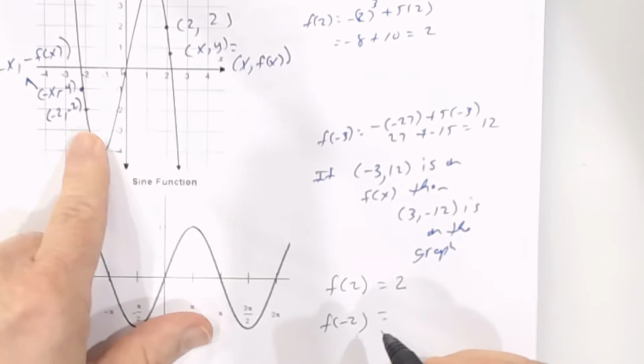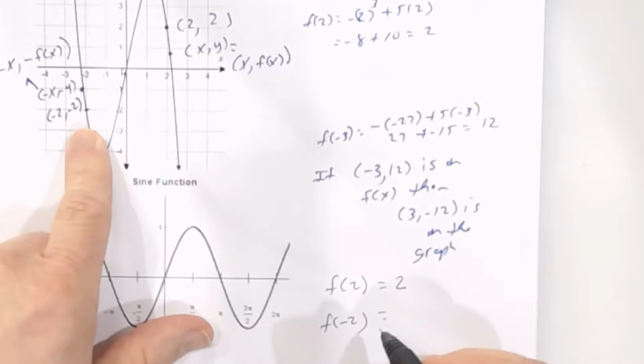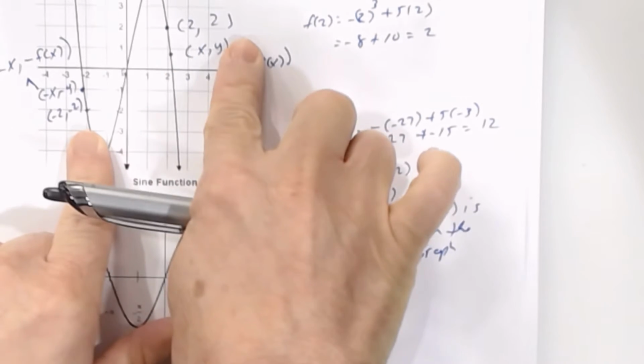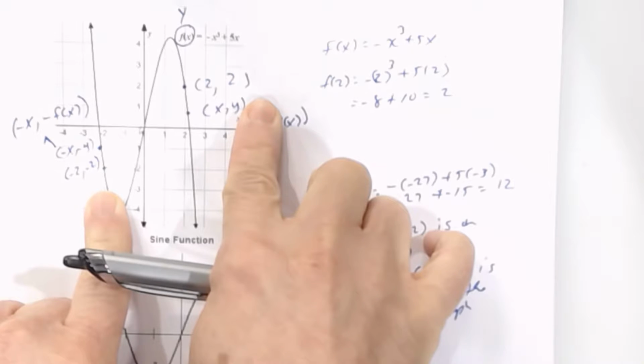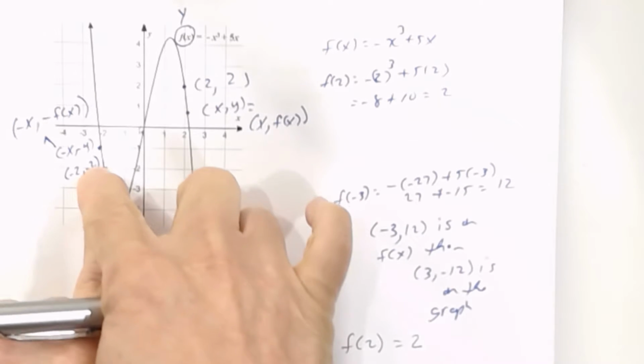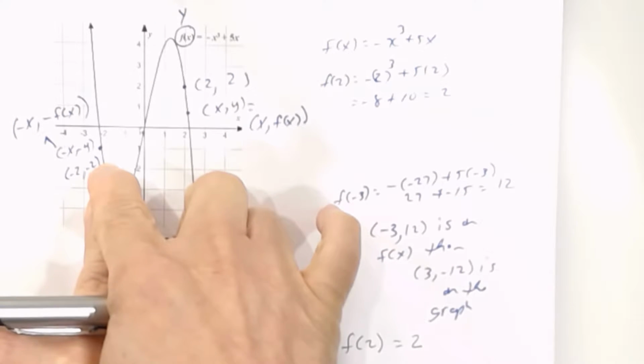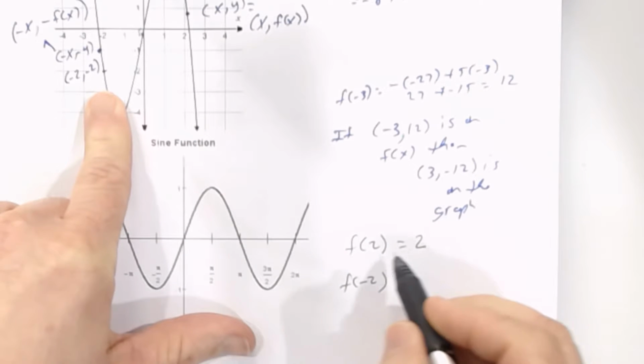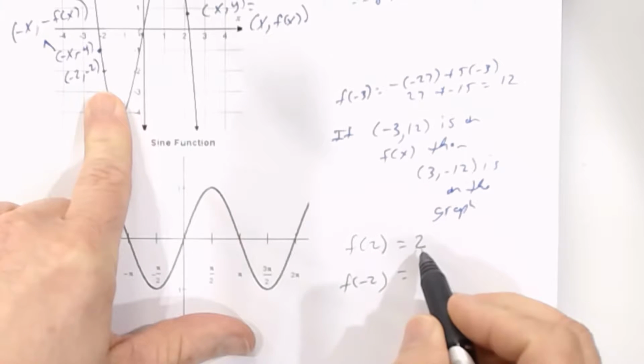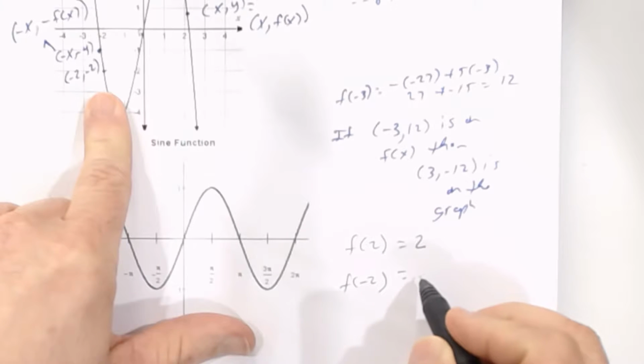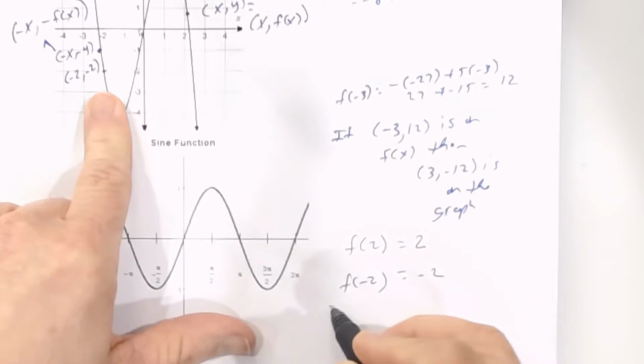Negative 2. Remember, it's an odd function. So if 2 is on the graph, then what other point needs to be on that graph? Negative 2. So if f of 2 equals 2, then f of negative 2 better equal what? Negative 2.